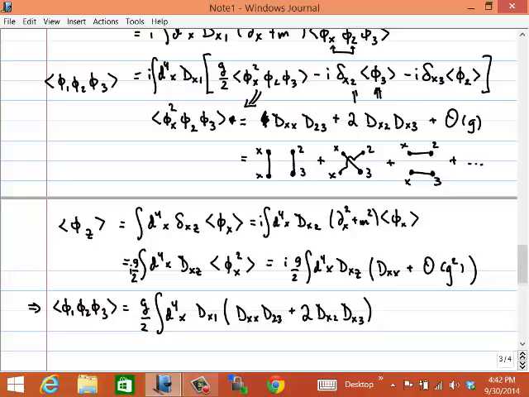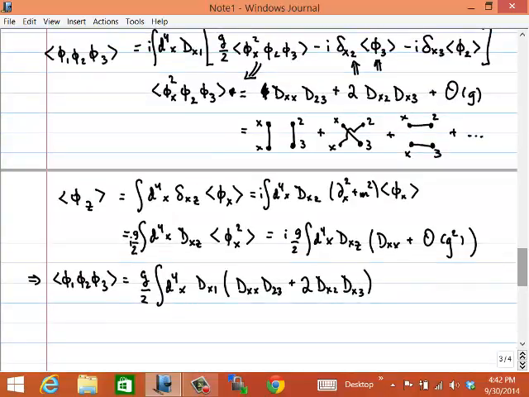And then you have this term here. So I'll first use that delta function to do this x integral, but then I pick up another x integral down here. So I get a d12, that's this guy, because that x has now been set equal to 2, times this expression here, where z is equal to 3, so that's a dx3 dxx.